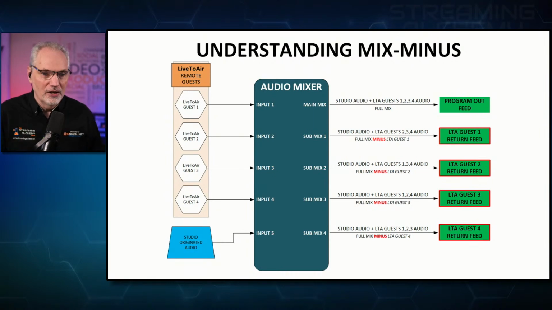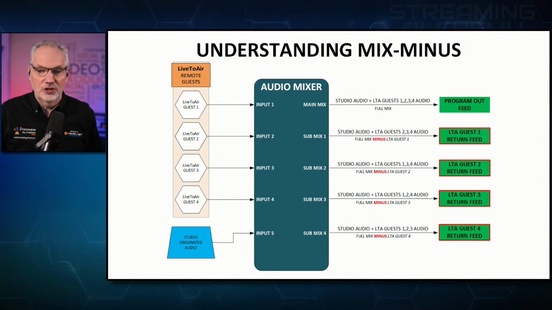So when we talk about LiveToAir or vMix, when you're using this to do a remote, it will handle the mix minus piece itself. What you're effectively doing when you send this audio out is send all the LiveToAir guests in because you need to create your main mix. You send the studio, again, that's part of the main mix.